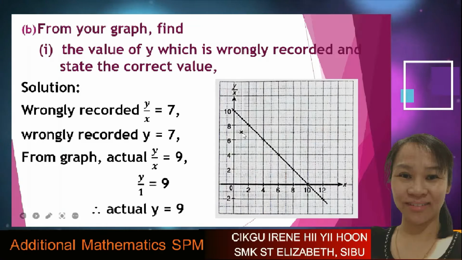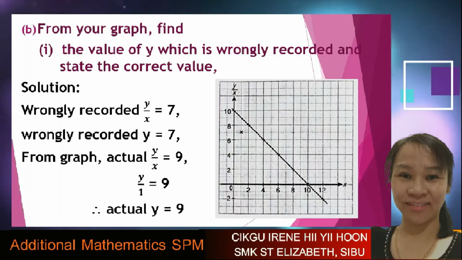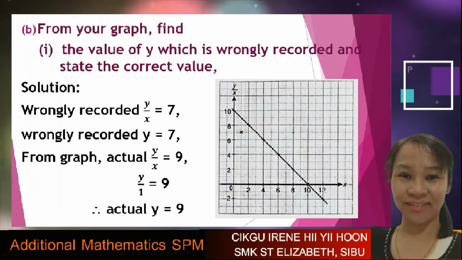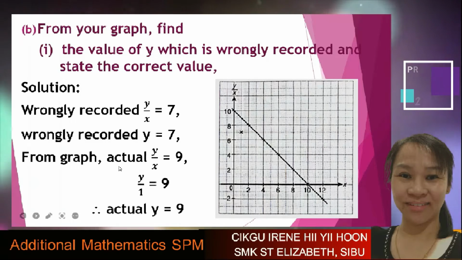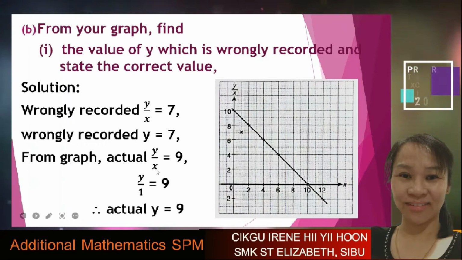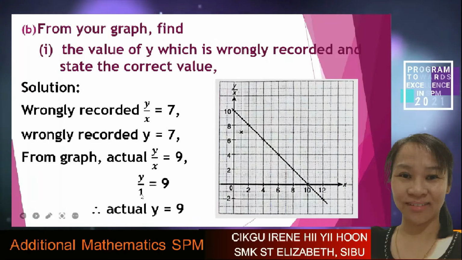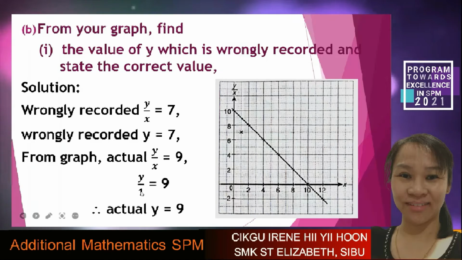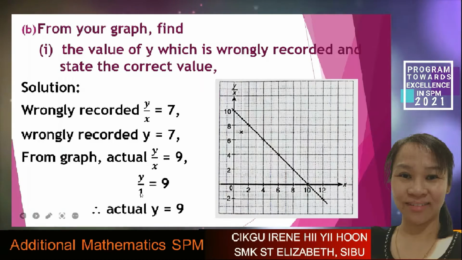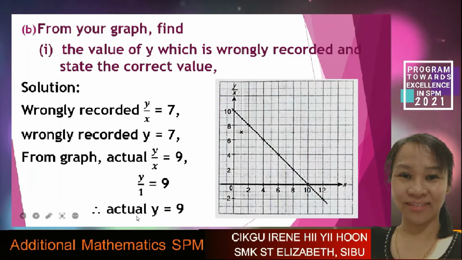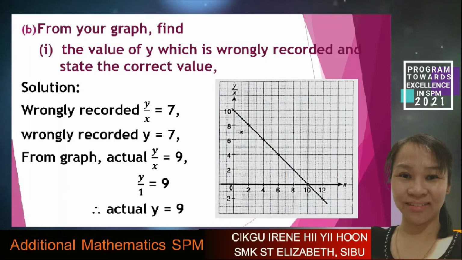By moving the wrong point to the line, from the graph we will find that the actual value of y over x is 9. By substituting the value of x equals 1, y over 1 equals 9. So the actual value of y is 9.